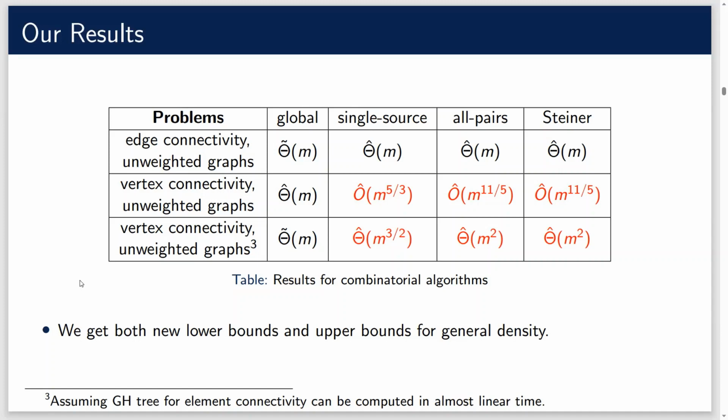For single source, it is theta hat m to the 1.5, and for all pairs and ST, it is theta hat m squared. So these are our results in this paper.